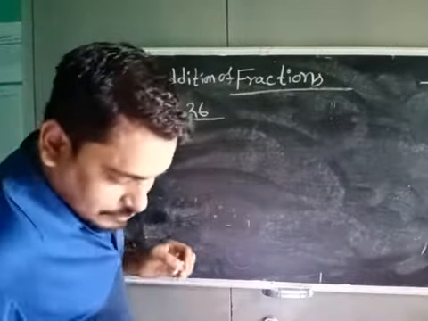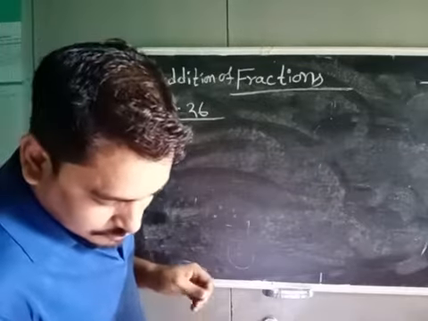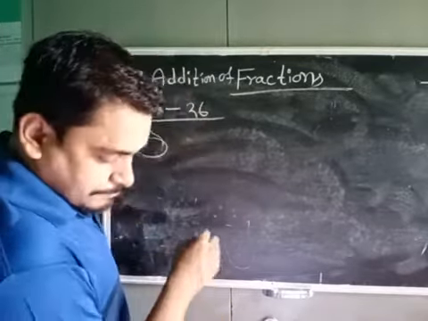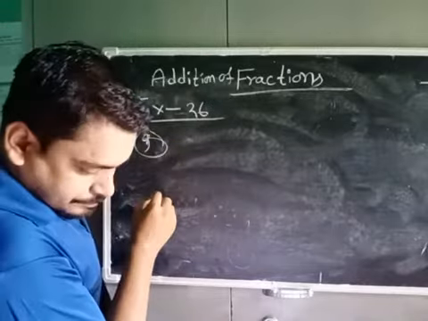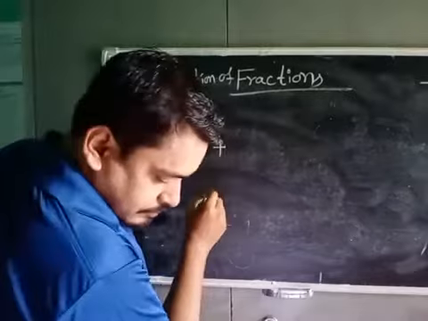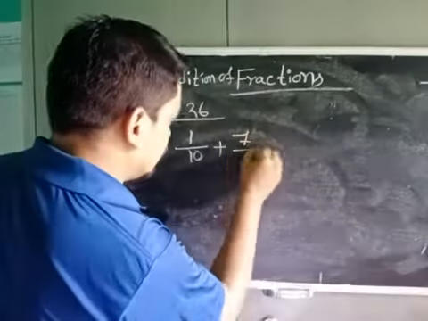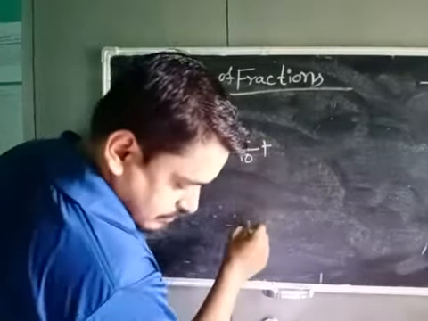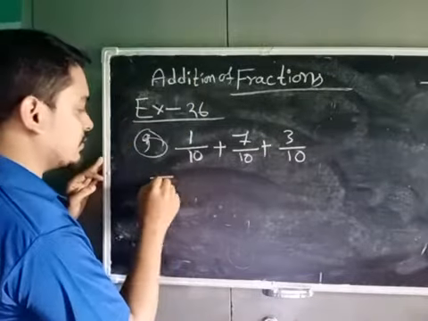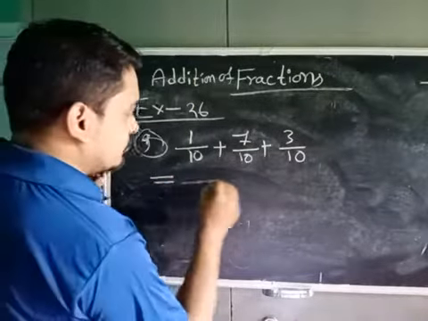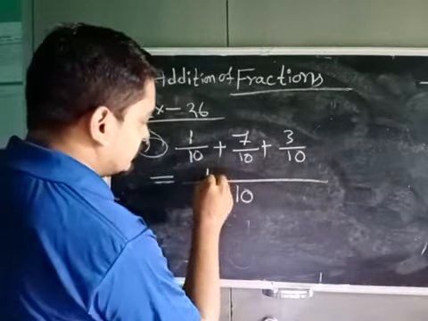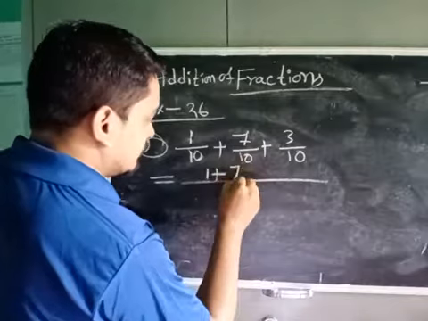Another one, let me take question number 9. 1/10 plus 7/10 plus 3/10. So here you see these are like fractions. So what to do? 10 will come here, and thereafter all the numerators will plus.